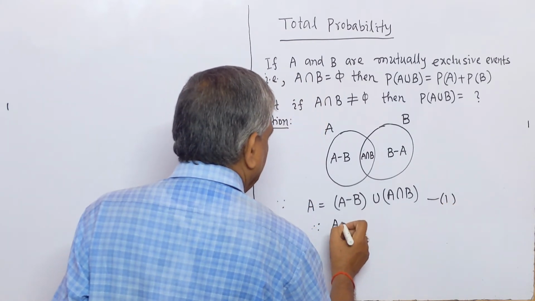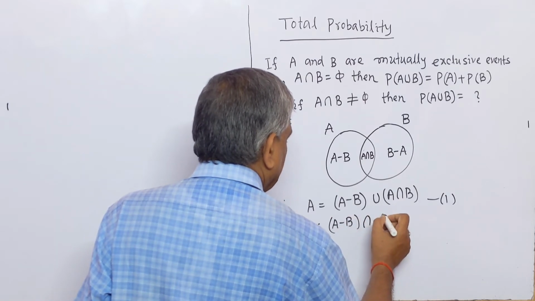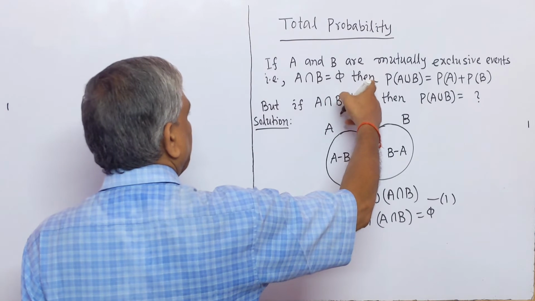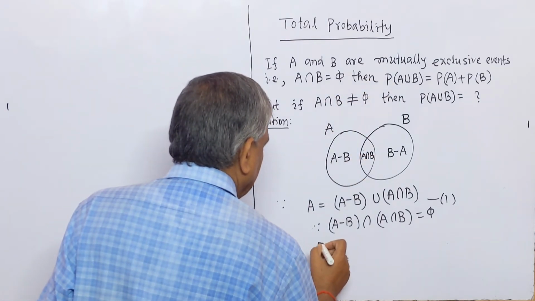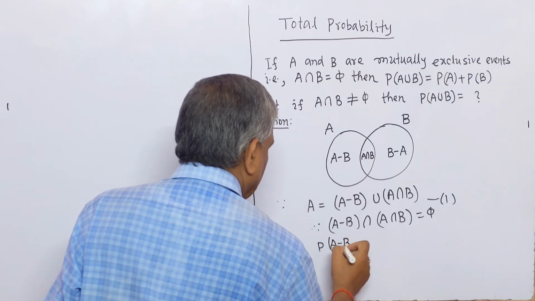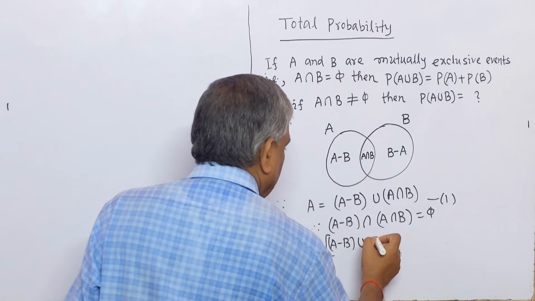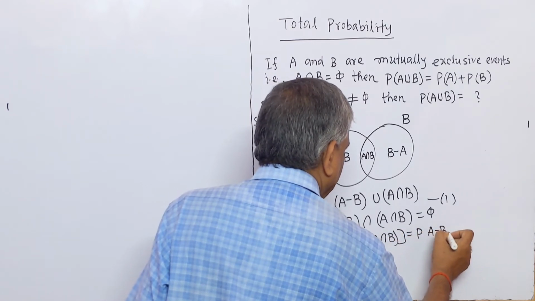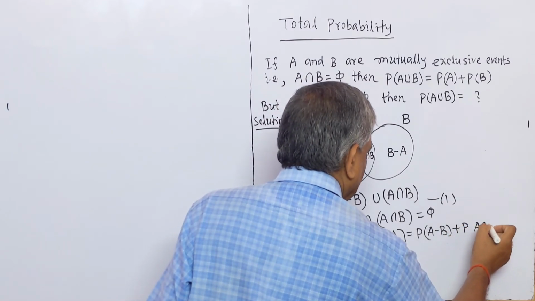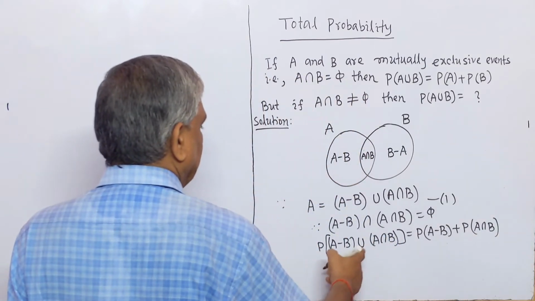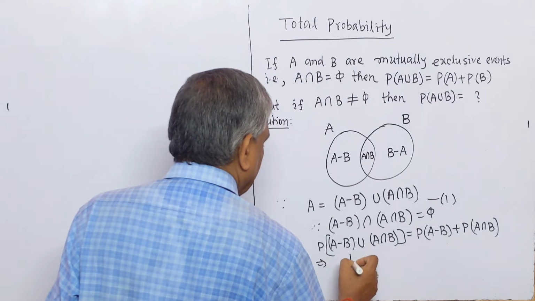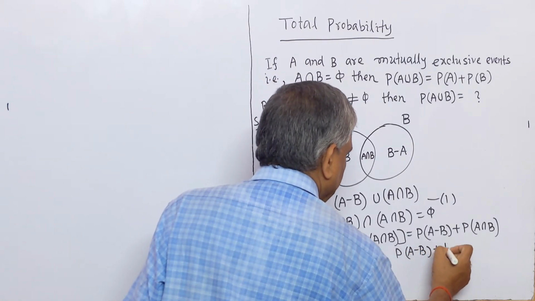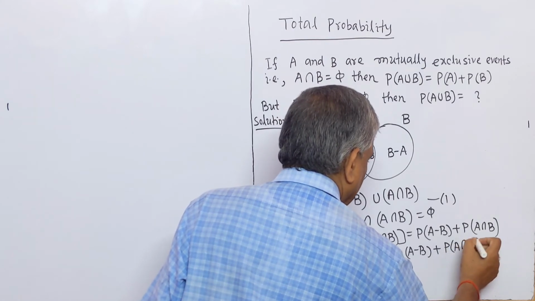Since A minus B intersect B equal to phi, therefore we use this formula: P(A minus B union A intersect B) equal to P(A minus B) plus P(A intersect B), and this union is A, implies that P(A) equal to P(A minus B) plus P(A intersect B). This is number 2.